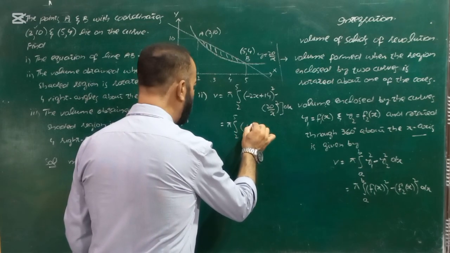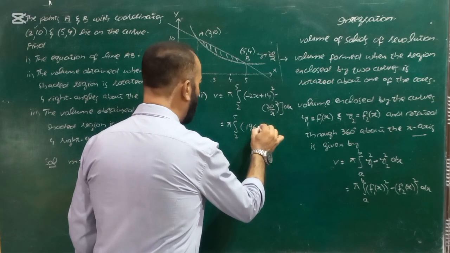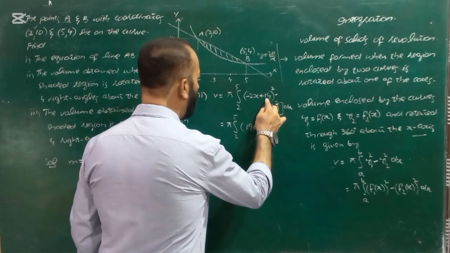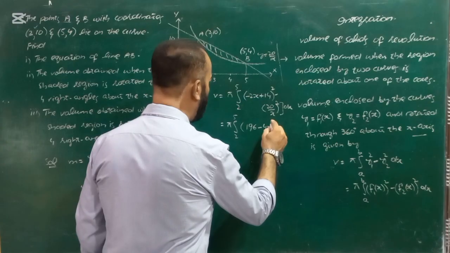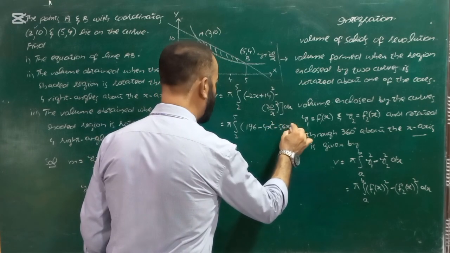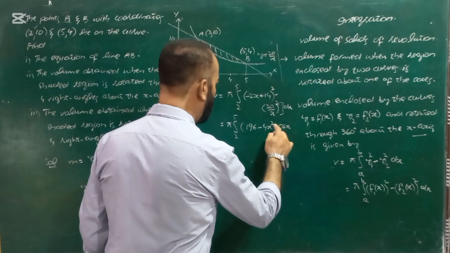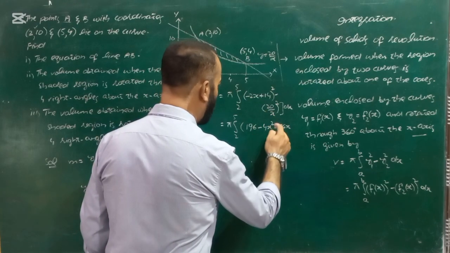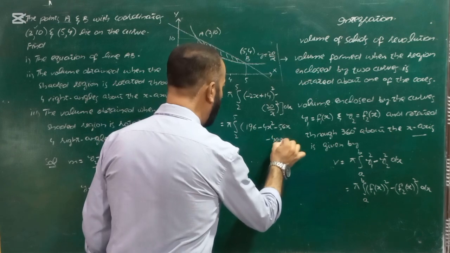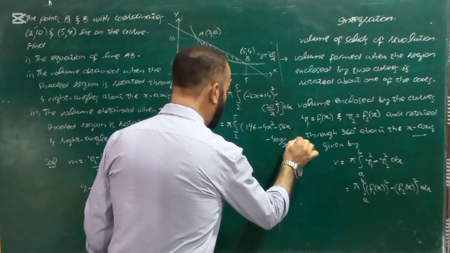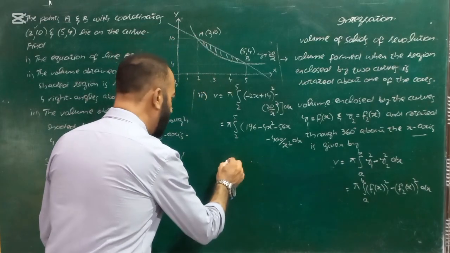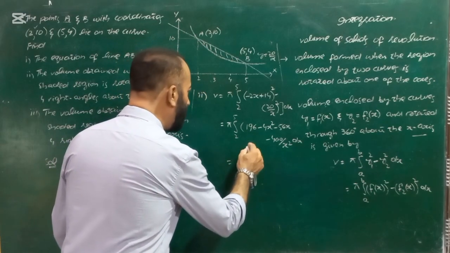So 14 square will be 196 minus 4x square. 14 fours are 56 minus 56x, and this will be minus 400 over x square.